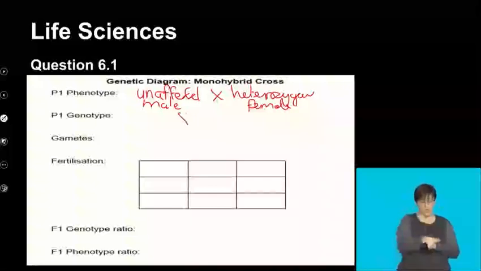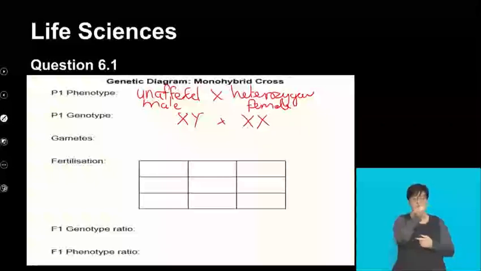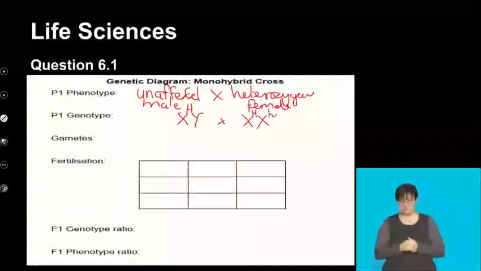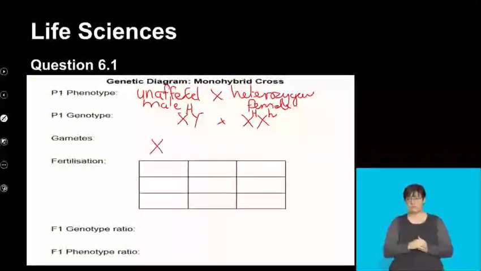So the male is XY, crossed with a female, that's XX. At this point, we need to indicate the allele. So it's an unaffected male, so capital H, and a heterozygous female, capital H, small h. Note that I've clearly indicated the difference between my capital letters and the smaller letters.